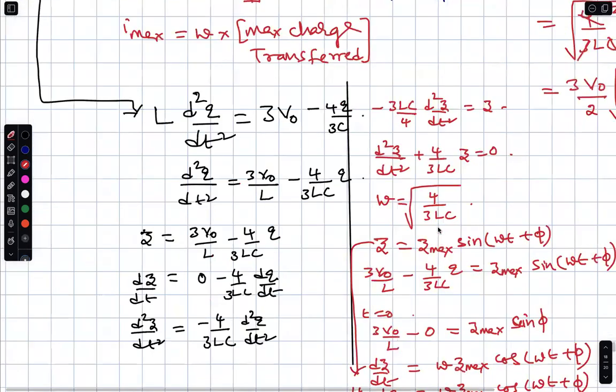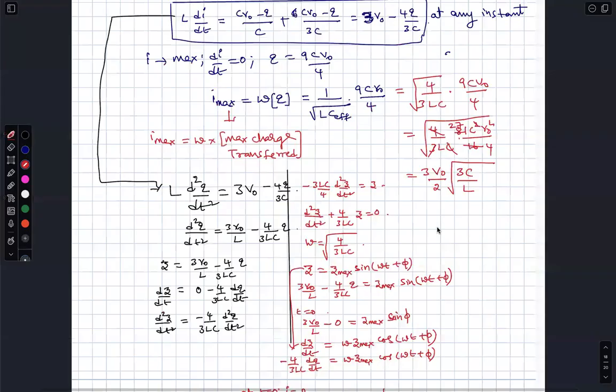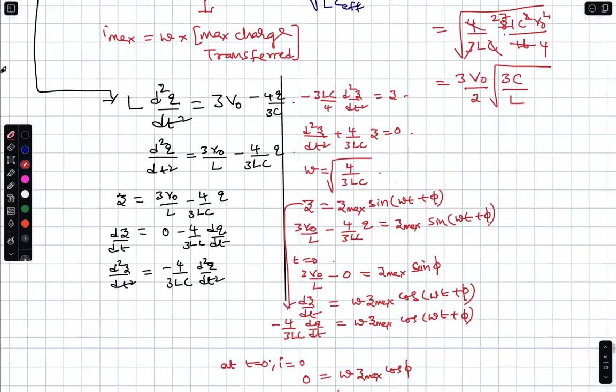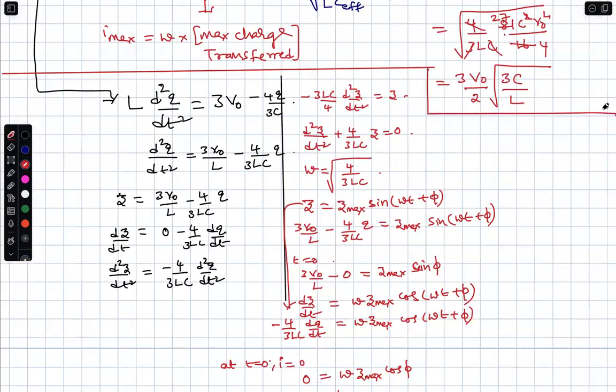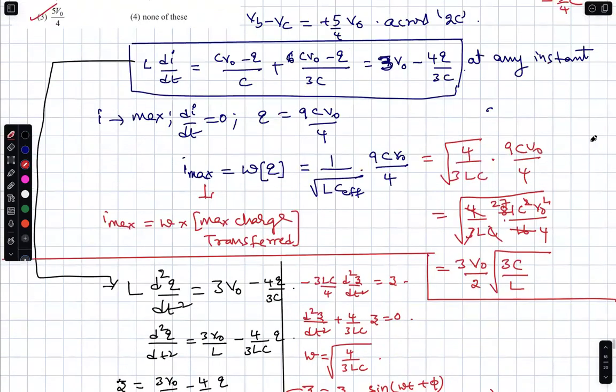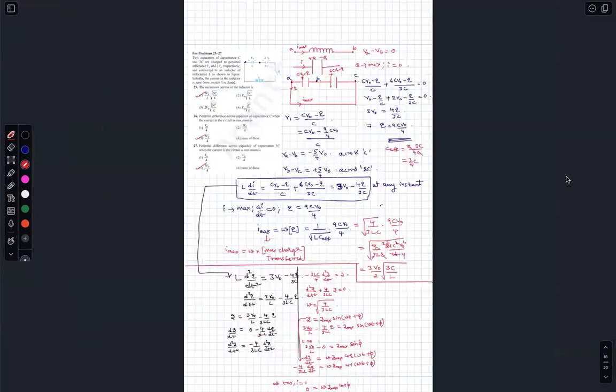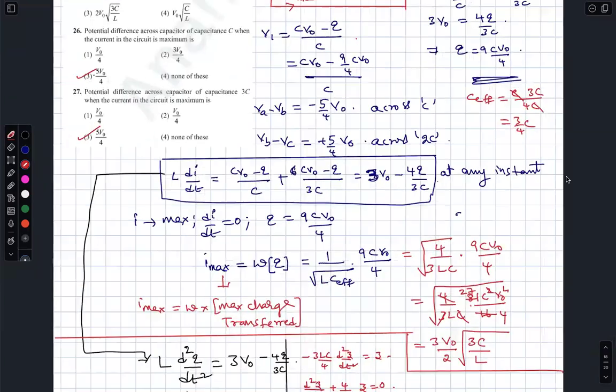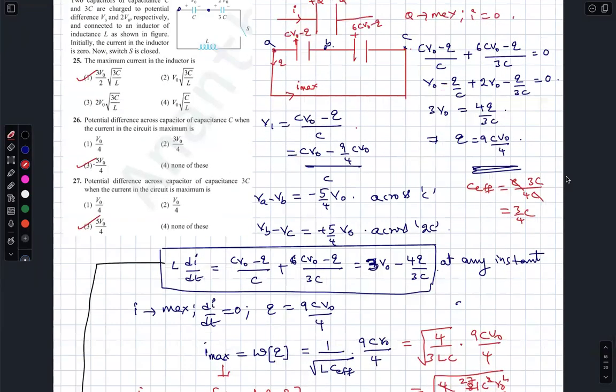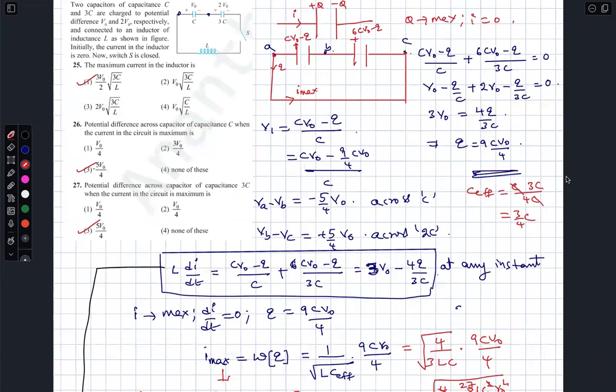According to me, if you accept, all this below this boundary is nonsense. You don't require it. If you agree with me, that is the end of the problem. So whenever you face this problem, what to do? You need to do only two things. One, identify the condition for common potential.